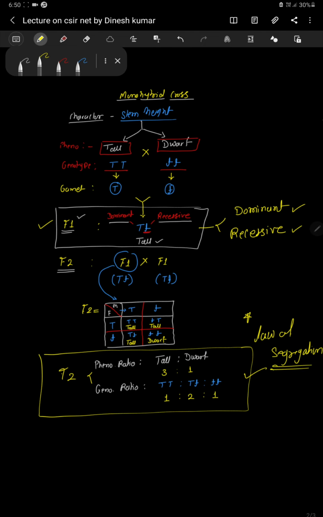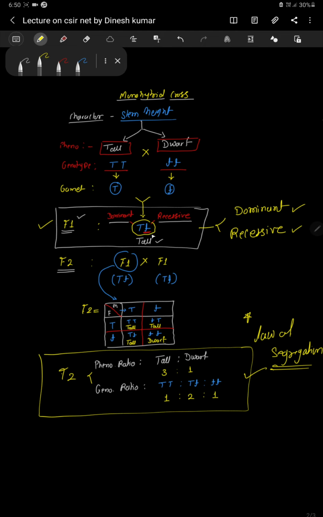What does the law of segregation say? The law of segregation says that two characters can remain together without mixing each other. It means the dominant character and the recessive character remain together, but they do not mix with each other.